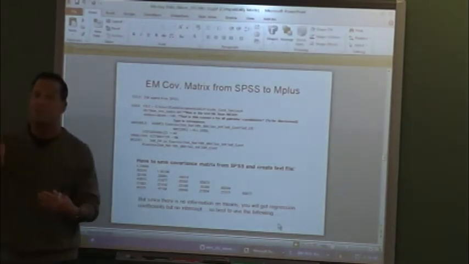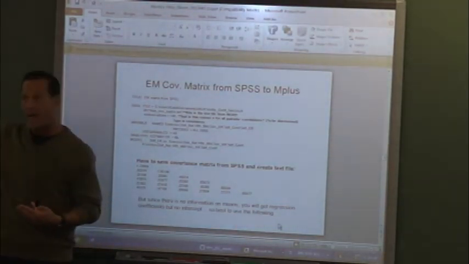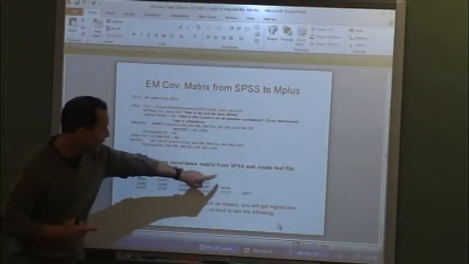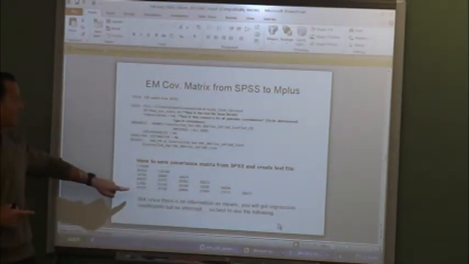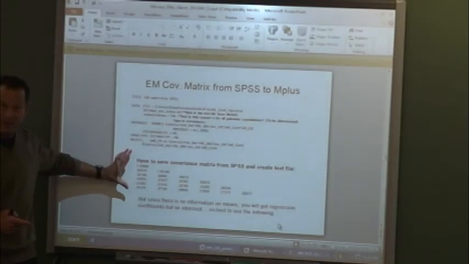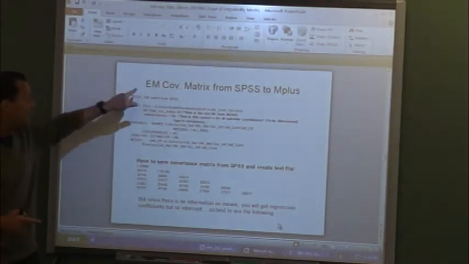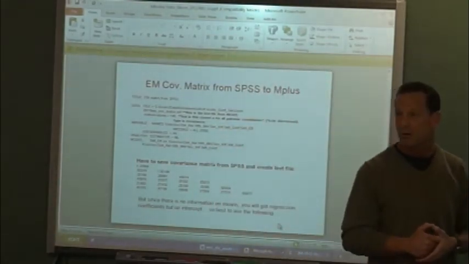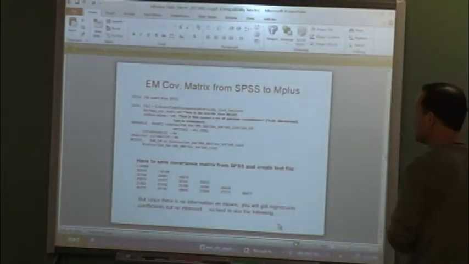If I was going to use the EM option in SPSS, I would not use the database. I would use the variance-covariance matrix that you can save. And I would use this, which is proper, from the EM algorithm and impute it into any type of structural equation modeling program. Or even in regression, and use it.